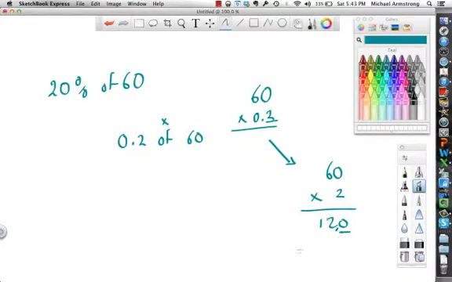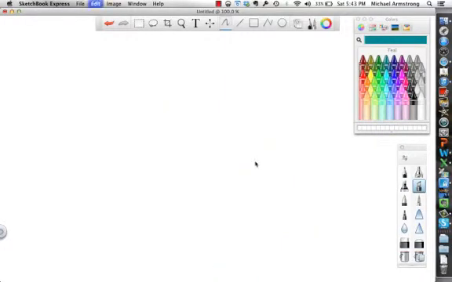Putting the decimal place back in gets us 60 times 0.2 equals 12.0. Okay, so 12.0 is just 12. So we knew it was 12 all along. And so using a decimal to multiply works pretty well too. Now, one other real quick thing to show you, using the same numbers, 20% of 60.